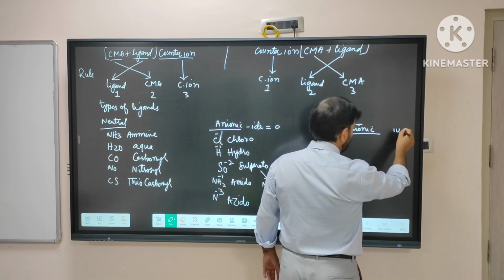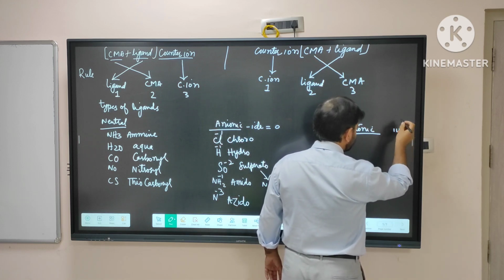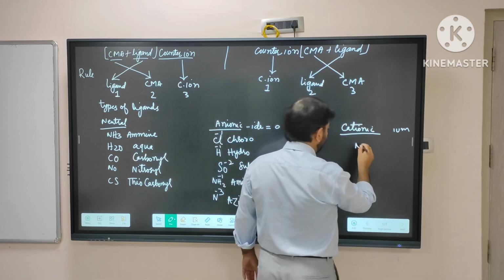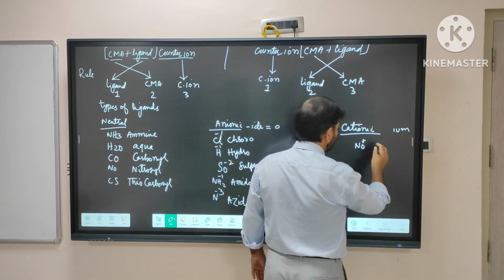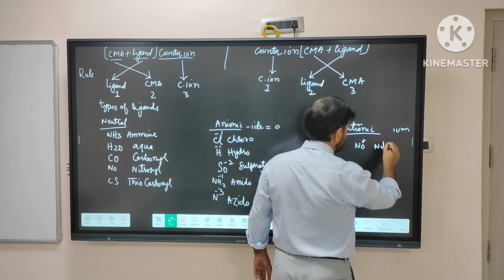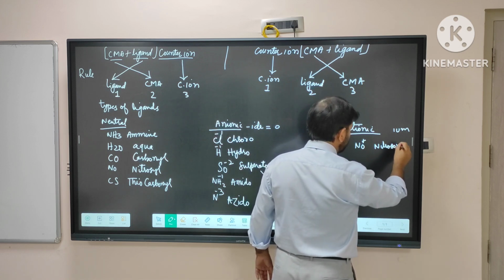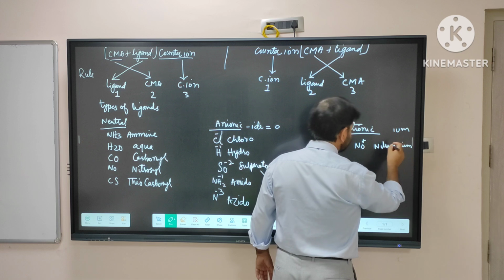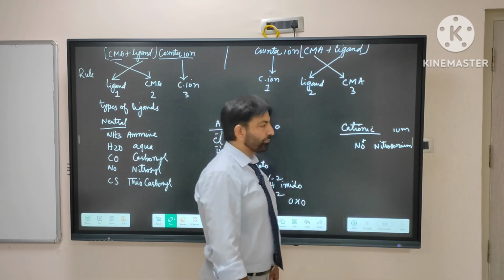We use IUM. So for example, I have NO positive. We name it nitrosonium because it ends with IUM.